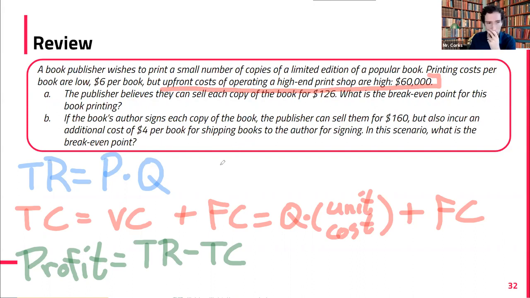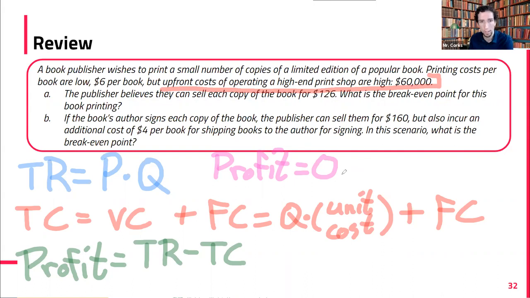When profit is 0. Okay, so break-even is the point where profit is equal to 0 by definition. When you start, your costs are high and your revenue is 0, but then as you produce more, hopefully the revenue will catch up to the costs, and you'll have a profit of exactly 0.